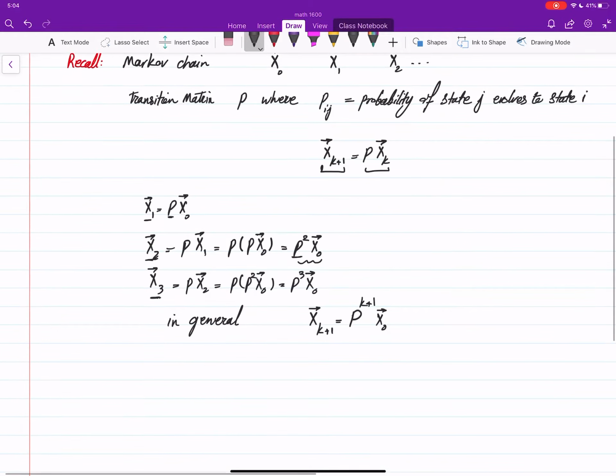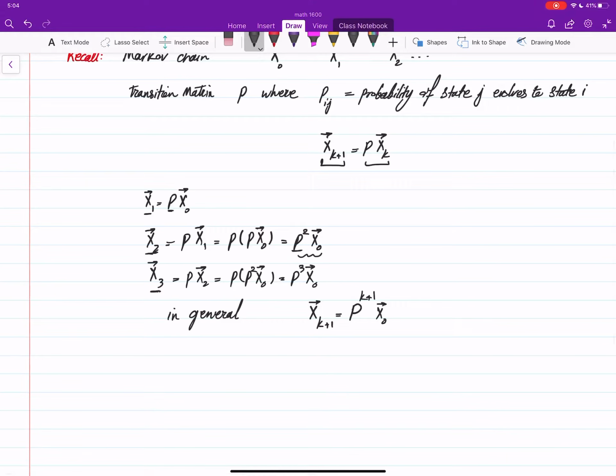And what does this say? It says that each entry of this has a very nice meaning. So P^k, let me write this with k, this will make it better.